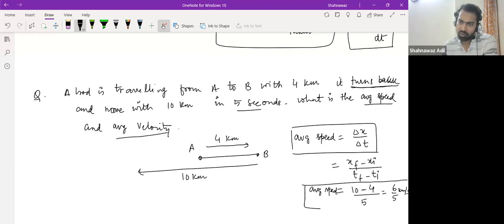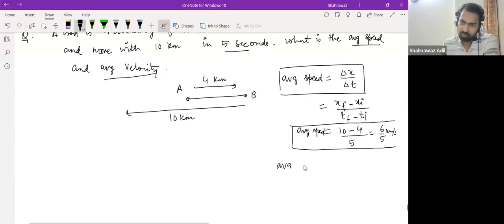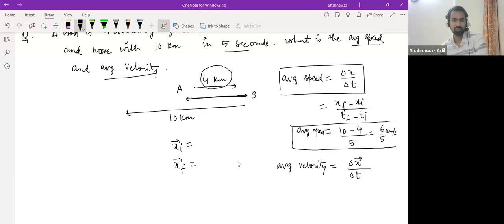What about the average velocity? Average velocity would be delta x vector divided by delta t. So we need the direction. What is x initial vector and x final vector? Rishita, you tell me what is the x final vector?